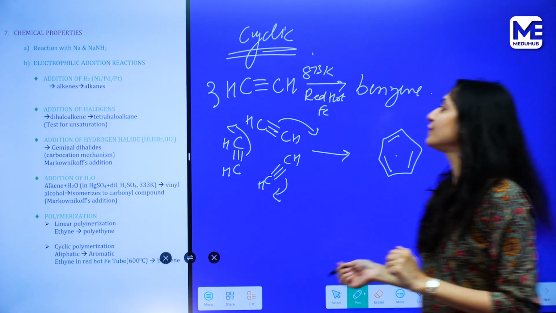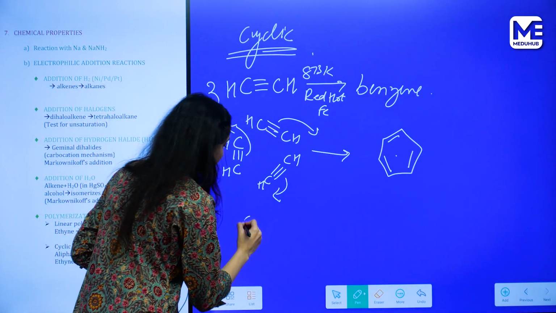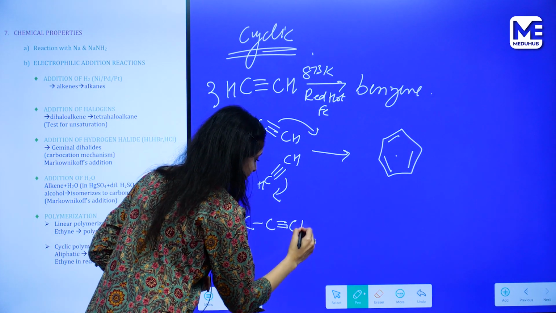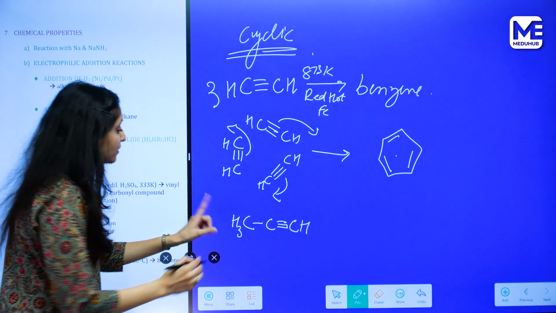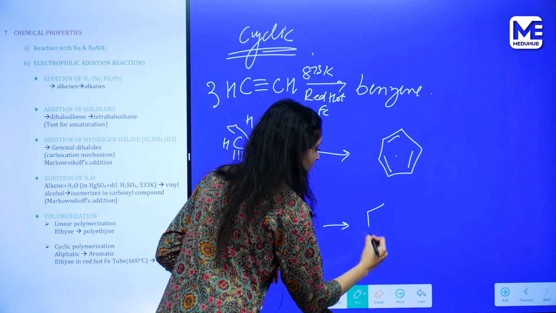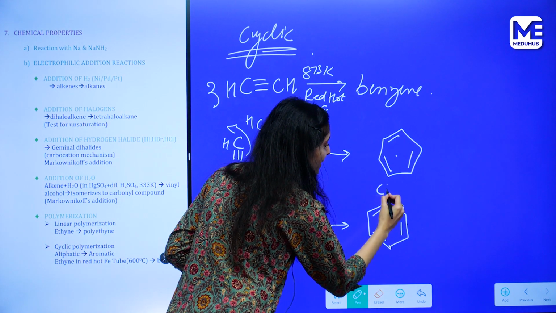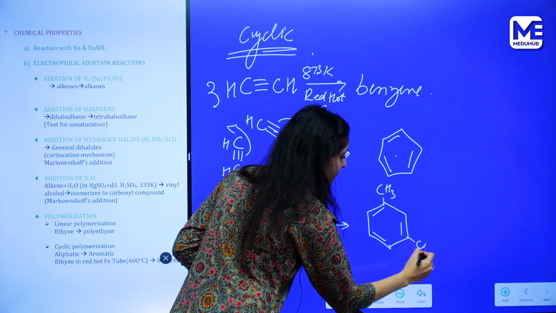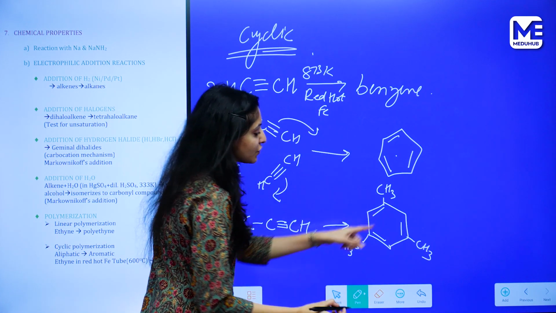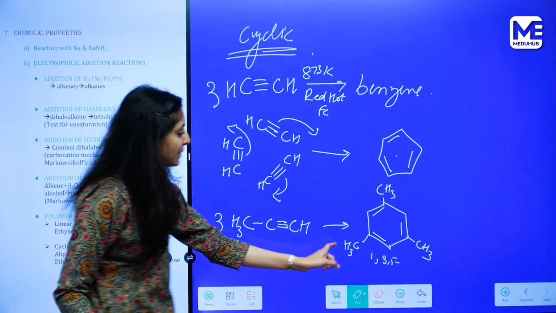Now, homologues of acetylene or ethyne also give this reaction. So, if we have a propyne, what will happen? 3 molecules of propyne will give us this product, a trimethyl benzene. So, this will be a 1, 3, 5 trimethyl benzene.